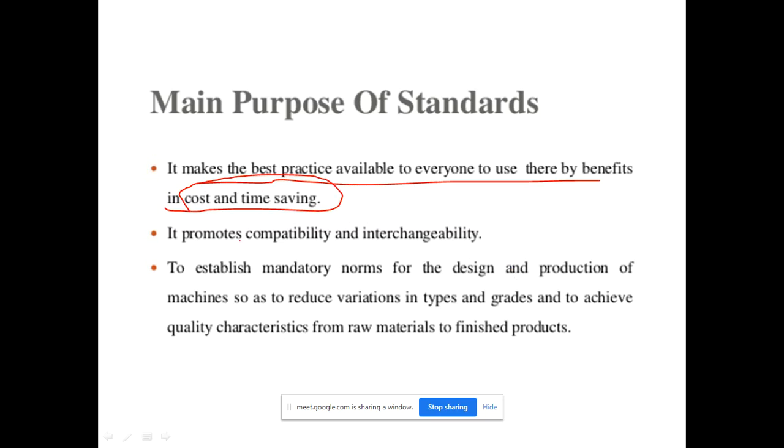Next, it promotes compatibility and interchangeability. So what is compatibility? Compatibility means like you are designing a shaft and you are manufacturing a hole. In an assembly, this is the shaft.